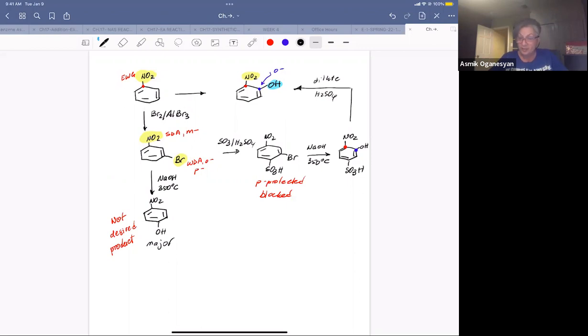So for your practice, I'm going to put several scenarios where we will start with the naked benzene ring, and I'll put a bunch of products, a bunch of reaction conditions. Your job will be to predict the product of the reaction for each step and draw the final product.